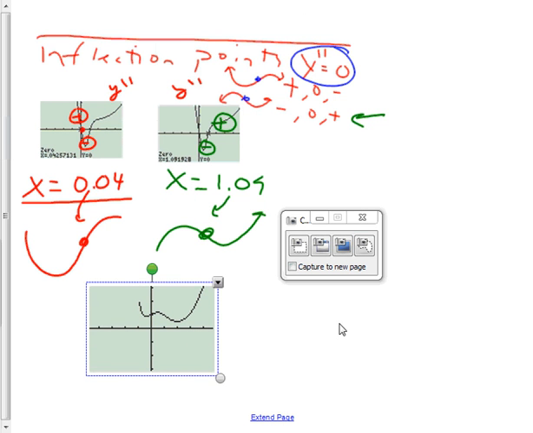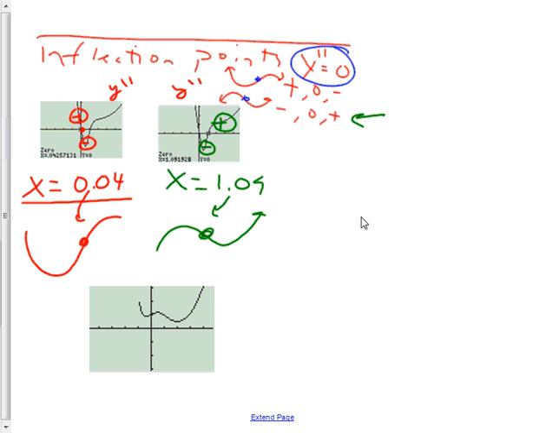Once again, if this here is my original function f of x, let's call the red concave up, and the blue concave down.